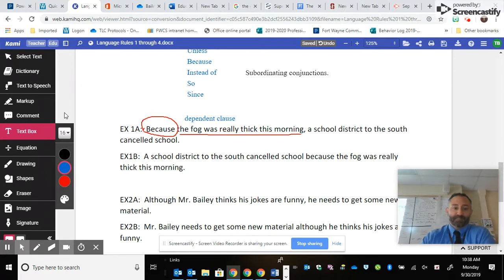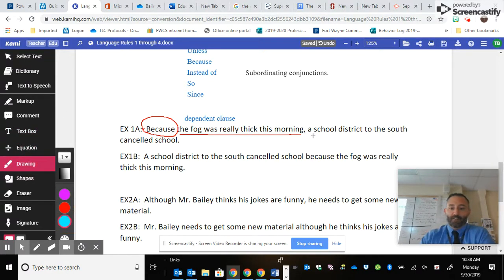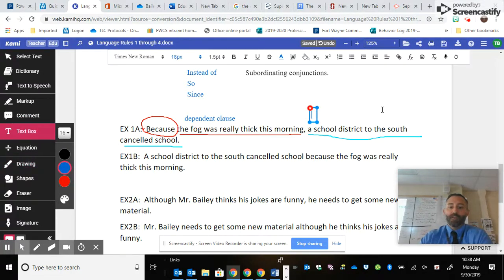Now I'm going to switch over colors. I like to use different colors. This right here could stand on its own as a sentence. It'd be like, a school district to the south canceled school. We could actually put that there, start the sentence, and it would work. This is known as an independent clause.